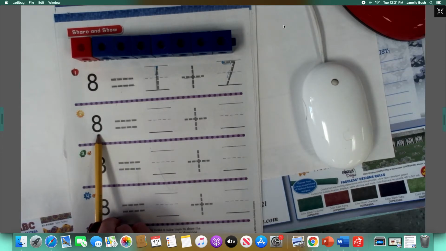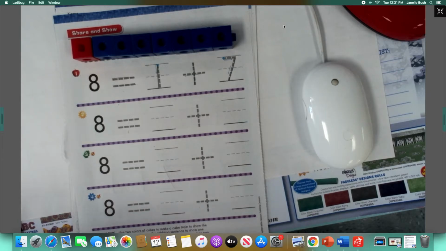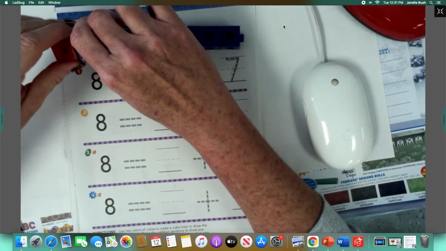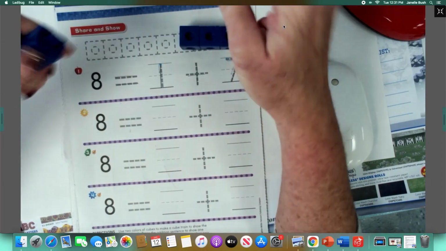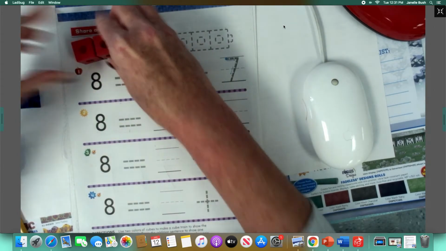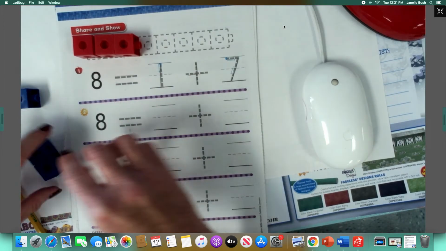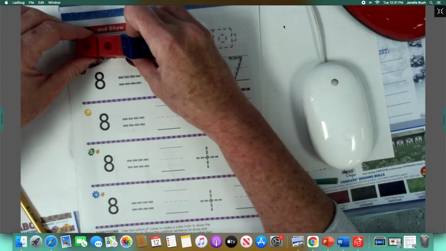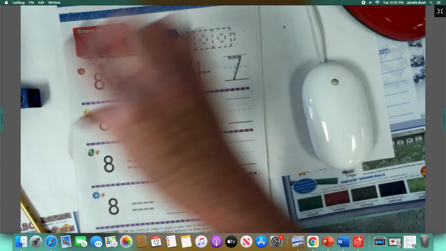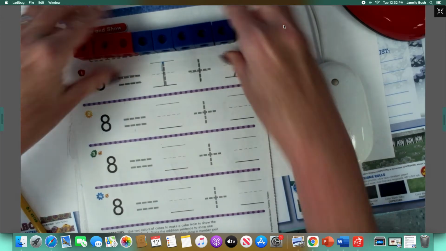It says 8 equals, now this time we're going to make our own addition sentence. I'm going to do it a little bit different. I'm going to have 3 red cubes, and the rest are going to be blue.